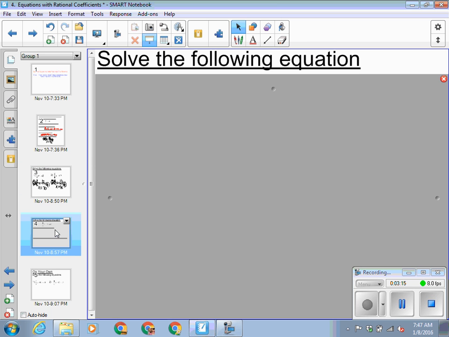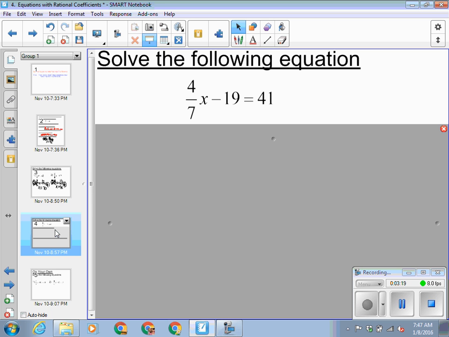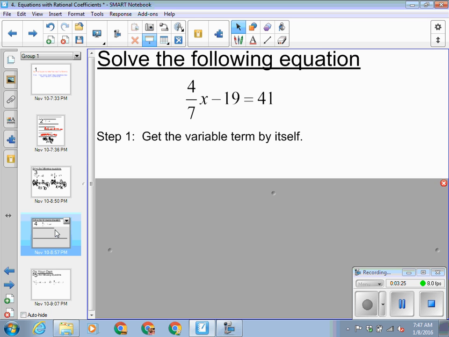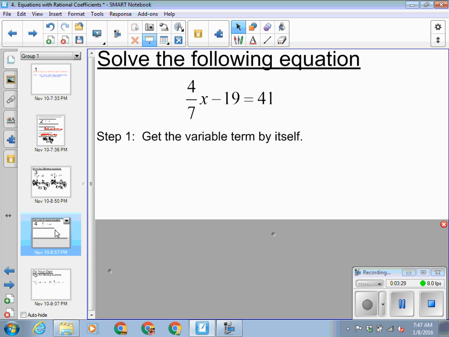Let's check it out now with 2 steps. So 4/7 x minus 19 equals 41. Okay, going back to our lesson on 2-step equations, we're always trying to get the variable term by itself first. So I'm going to rewrite the equation here.